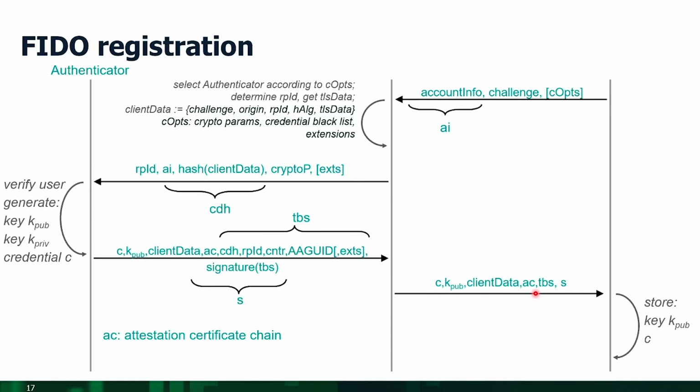And you'll notice here, it talks about the attestation certificate as well, which, as I mentioned earlier, is the means for the relying party to determine that this is in fact a genuine authenticator. And then of course, the relying party will manage, in whatever way it does, the keys so that it can use them in the future.